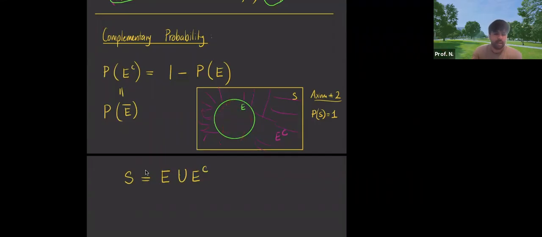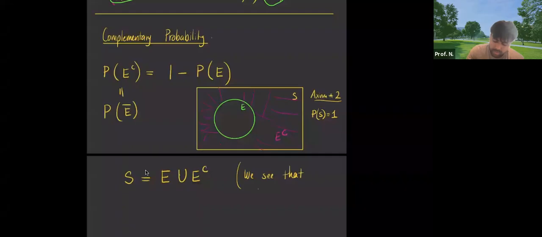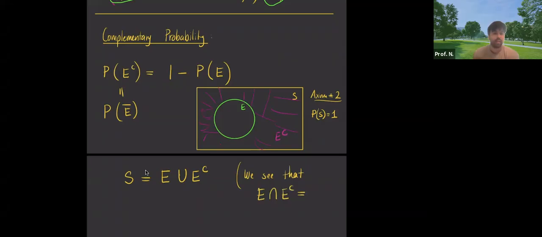And what else do we see? We see that E intersect E complement is what? Mutually exclusive, right? It's inherent. You can't have something that's an E and not an E. That's an impossibility. So we say this is the null set. So they're mutually exclusive, obviously.